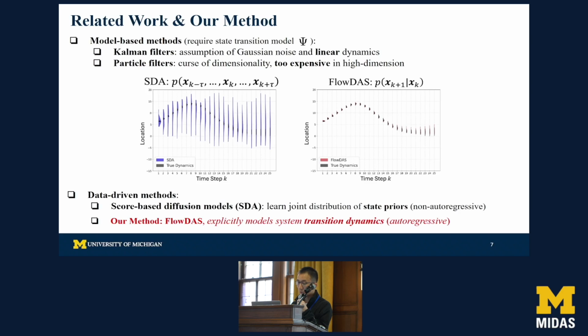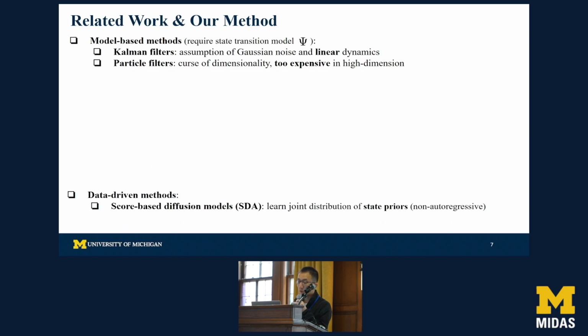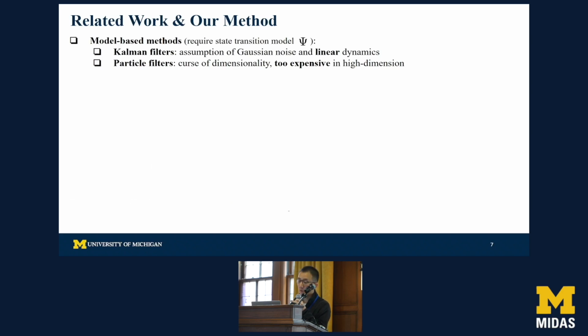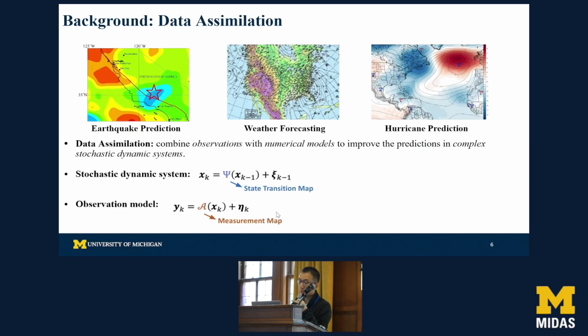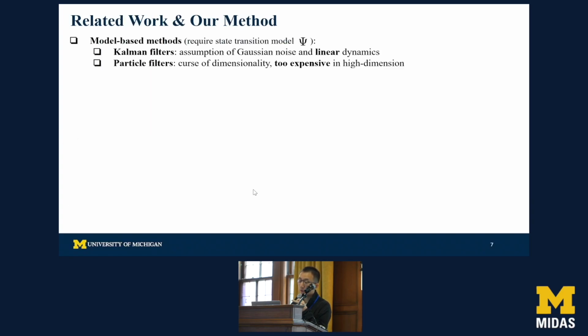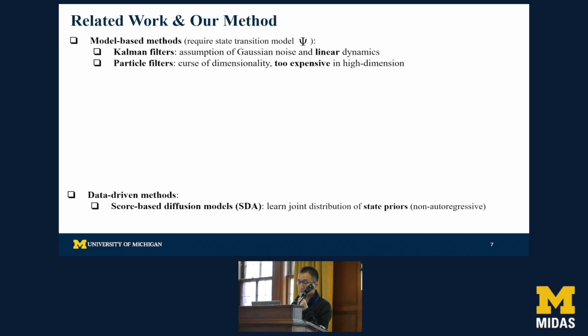So your first question is about the classical approach. If you solve the data assimilation problem like this, why are we introducing this kind of diffusion model compared to the classical method? Is that your question? No, I couldn't understand when you said model-based, were you referring to a classical machine learning model or something else?